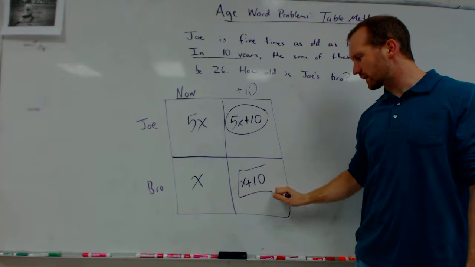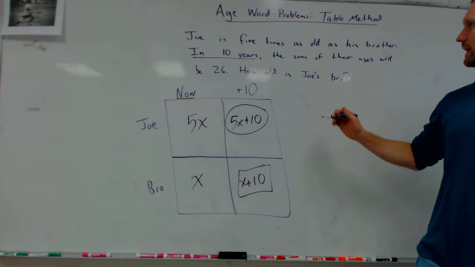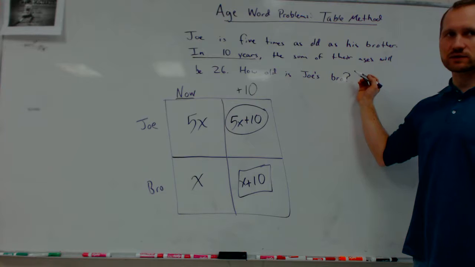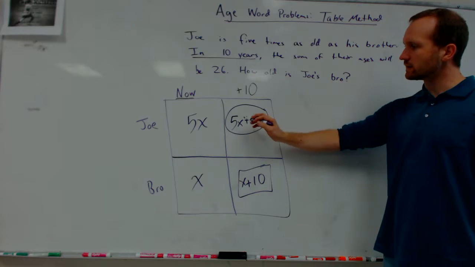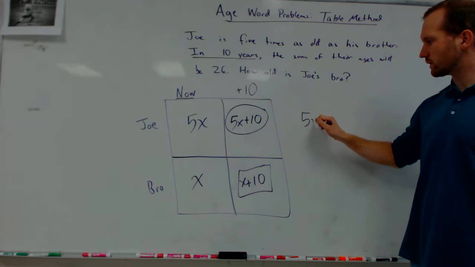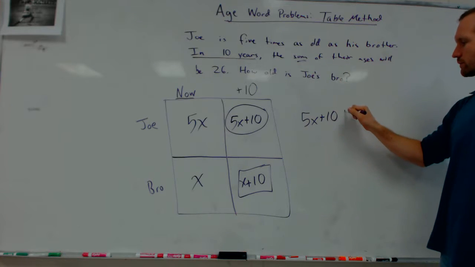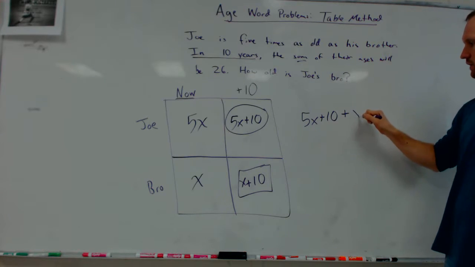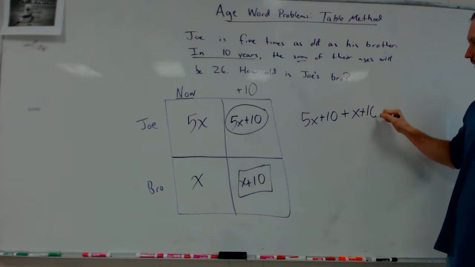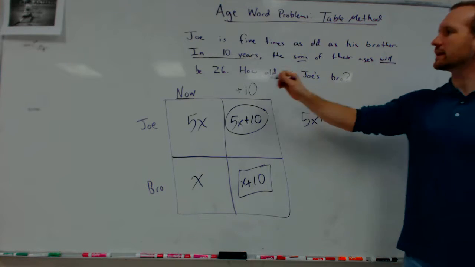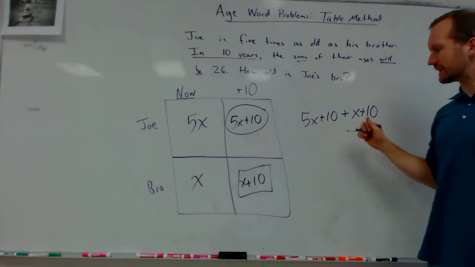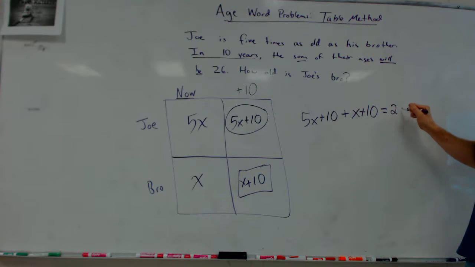This is his brother's age in 10 years. It says the sum of their ages. That just means Joe's age, 5X plus 10, sum means plus his brother's age, which is X plus 10, will be means equals 26.